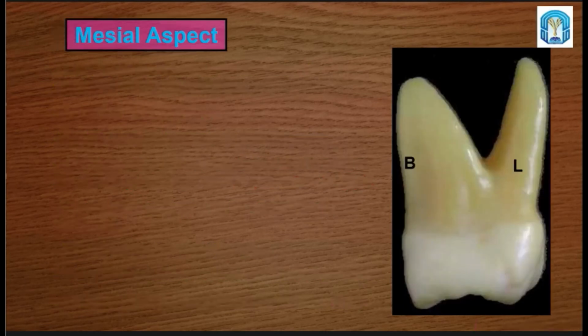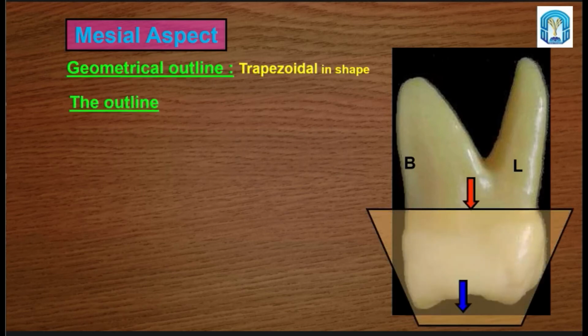The mesial aspect. What is the view from the mesial aspect? The geometrical outline is trapezoidal in shape, with the bigger arm at the cervical line and the smaller arm at the occlusal line. Why? It is opposite to the buccal side. Because the occlusal table gradually becomes smaller. We told you about this in the physiological tooth form.